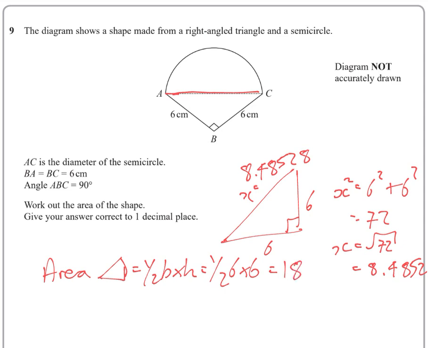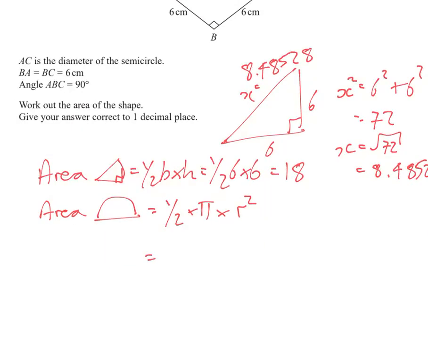Then the area of the semicircle equals half times pi times r squared. So that's half times pi times r squared, where r is half of this, so that's 4.2426.